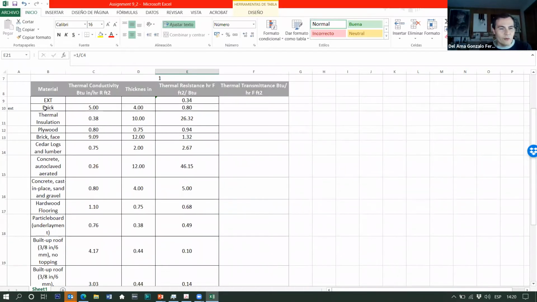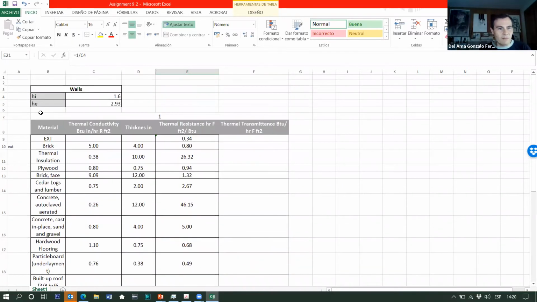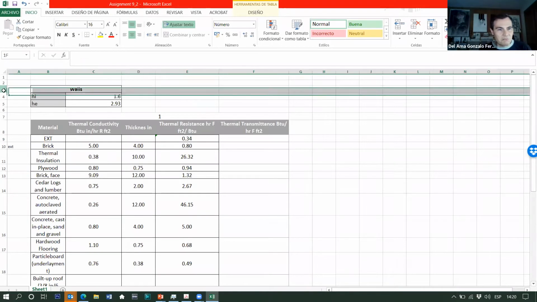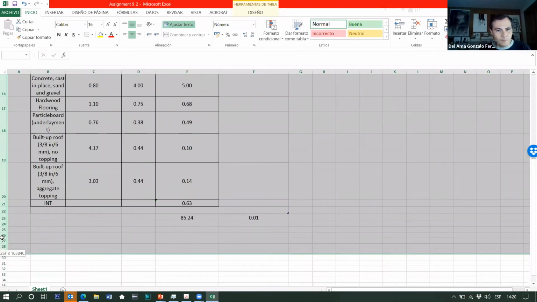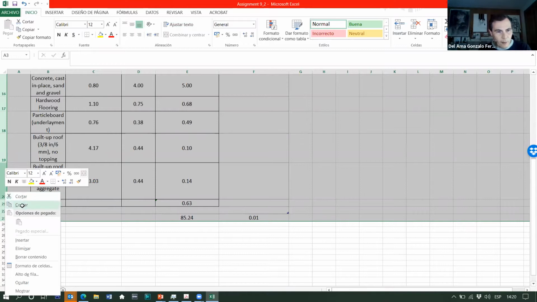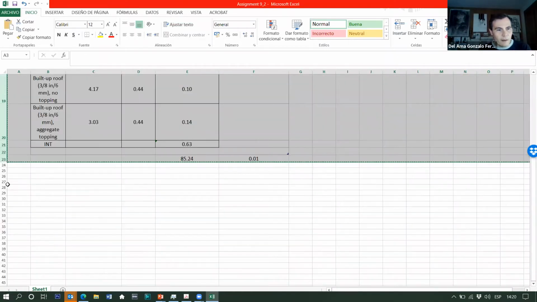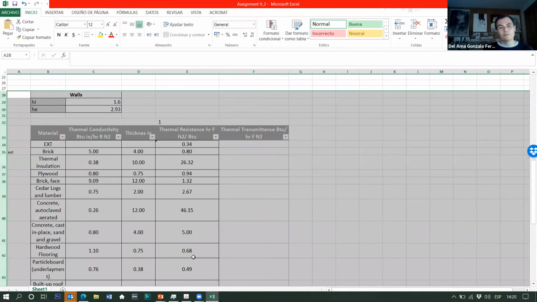I told you to go over that table, and you had to include here 13 different materials. Okay, I will use this as a, I'm going to copy, right click, copy, and then I click here, right click again, and insert copy cells.